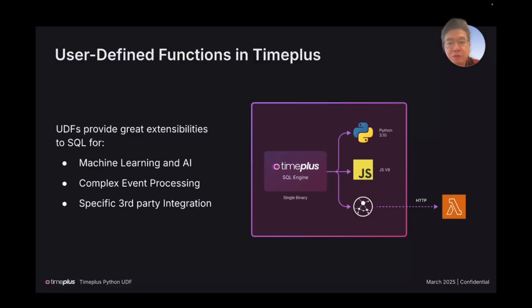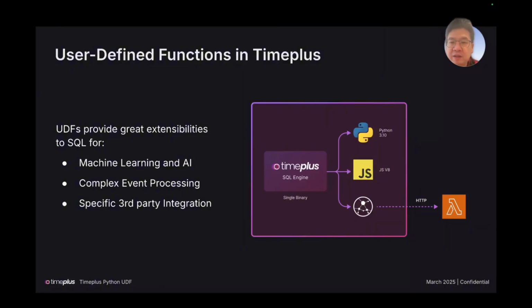That means you don't have to transport data from one process to another. In the whole data pipeline, all the data is handled within the same process. That means you can leverage Timeplus to call machine learning or AI functions, complex event processing, or even any third-party library provided by the community within the Timeplus scope.